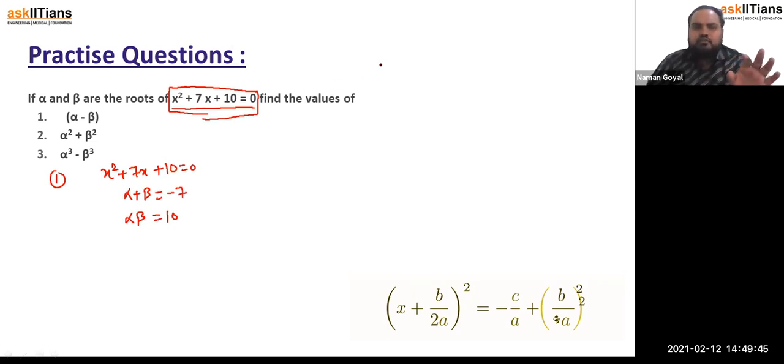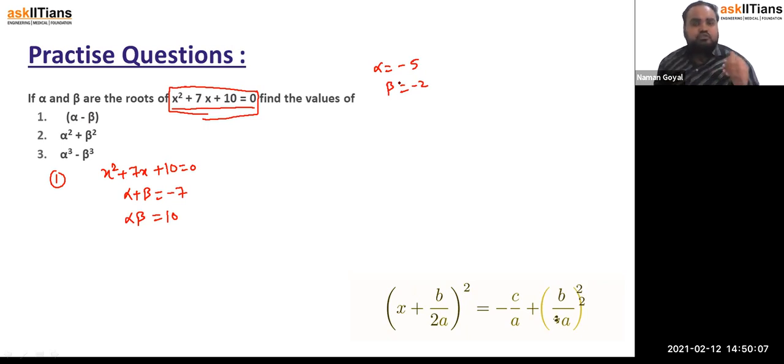You can get the roots as alpha is minus 5 and beta is minus 2. Then for the value of alpha minus beta you can put the values of those, and for alpha square plus beta square you can put the values of alpha and beta, and the same for alpha cube minus beta cube. But the point is what?